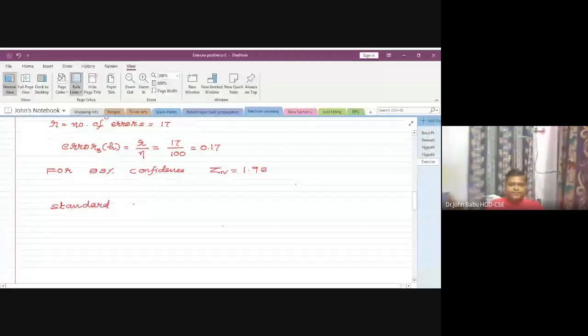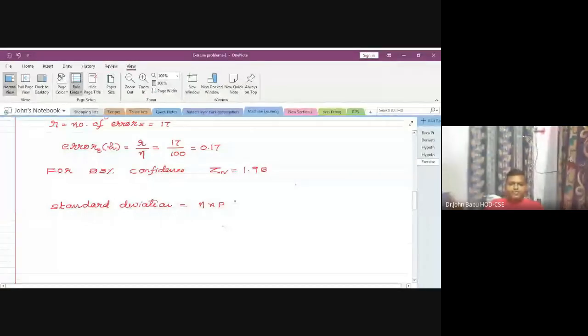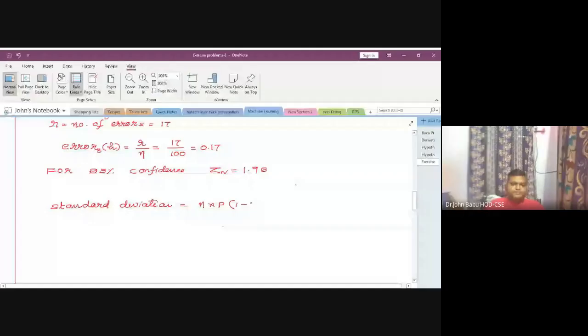N into P into 1 minus P. What is P here? P is sampling error.